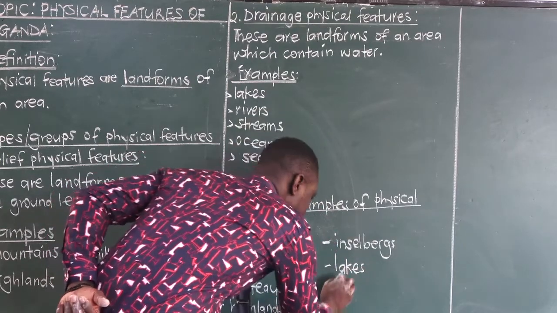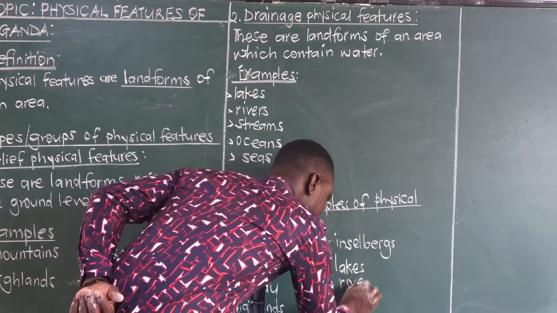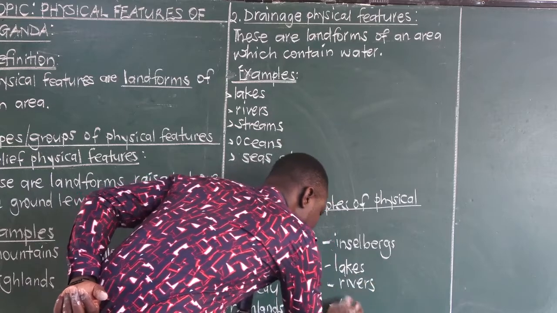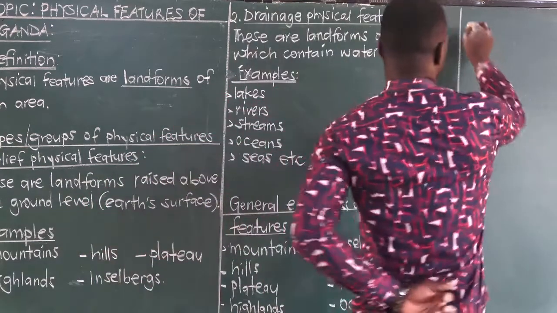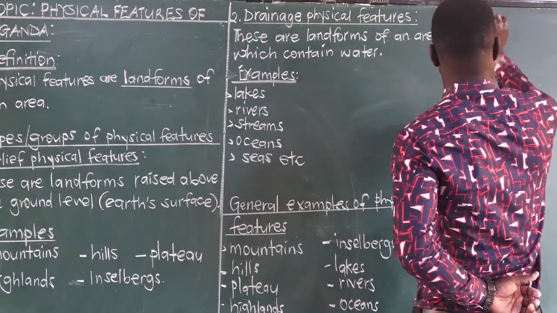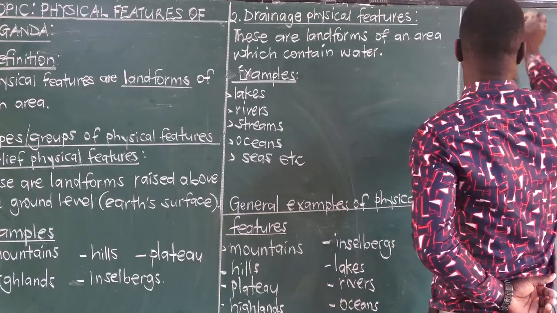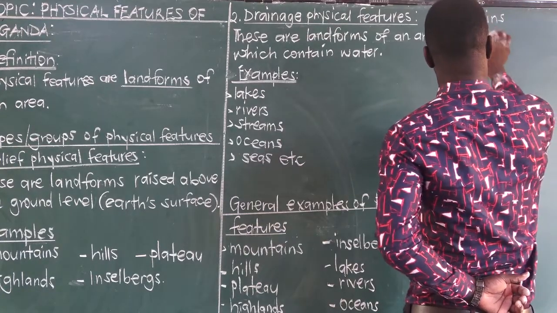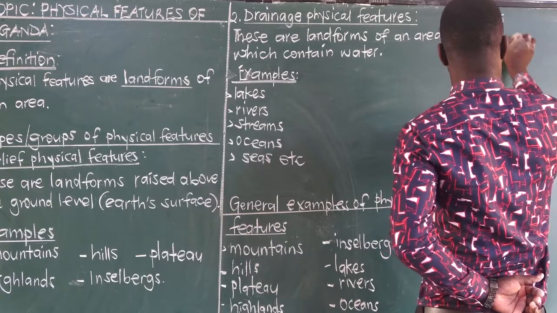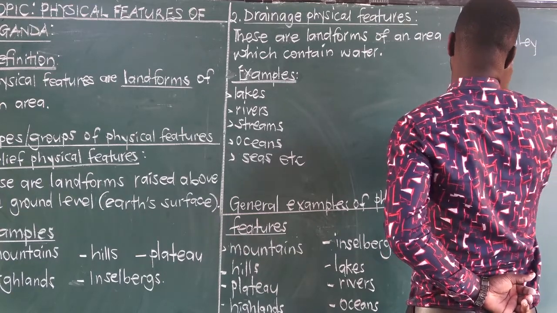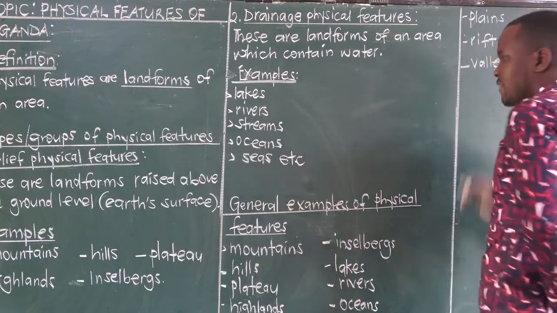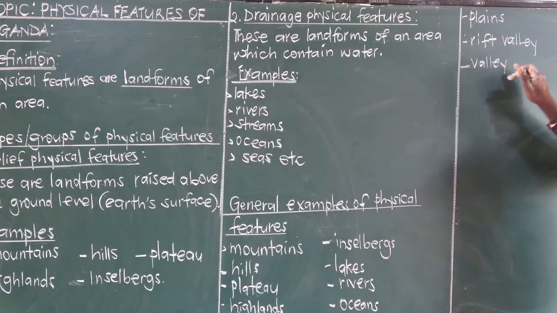We are adding rivers. We have oceans. We are continuing. We have plains. We have the Rift Valley. We have the valleys. We have Rift Valley, and then we have the valley.